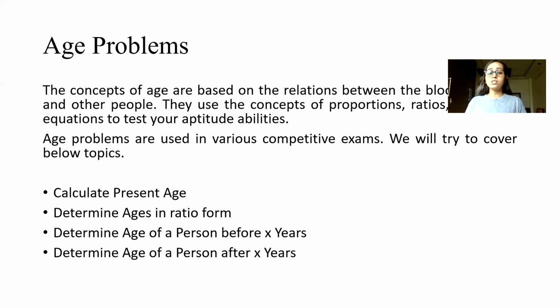The second one is when age is given in the form of a ratio. The third one is when a person's age is given before X years, so you have to determine the current age, or the predicted age of that person after 5 years or after 10 years. That is the fourth category.